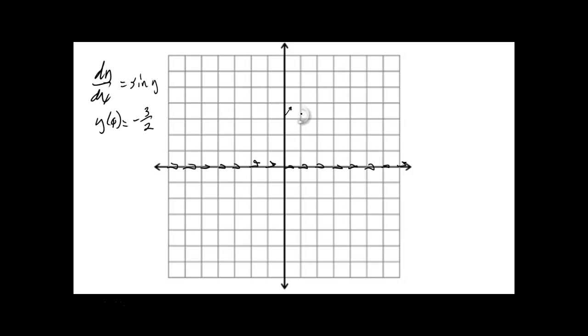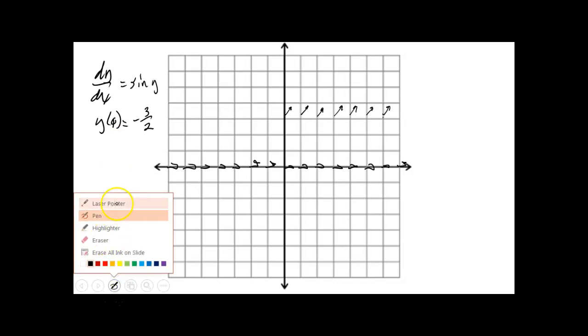I'm approximating 3.14 and trying to get these to be a slope of 1. Am I doing a decent job? Probably not. What's that? Oh, wait, sine of pi is 0. Sorry, you're right. I was still thinking pi halves.